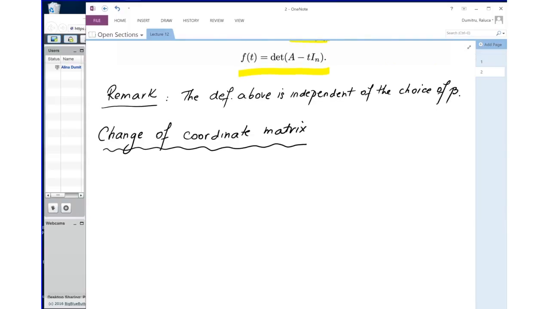Let's say that V is a vector space, and let's say we're looking at two possible bases on V, beta and beta prime.